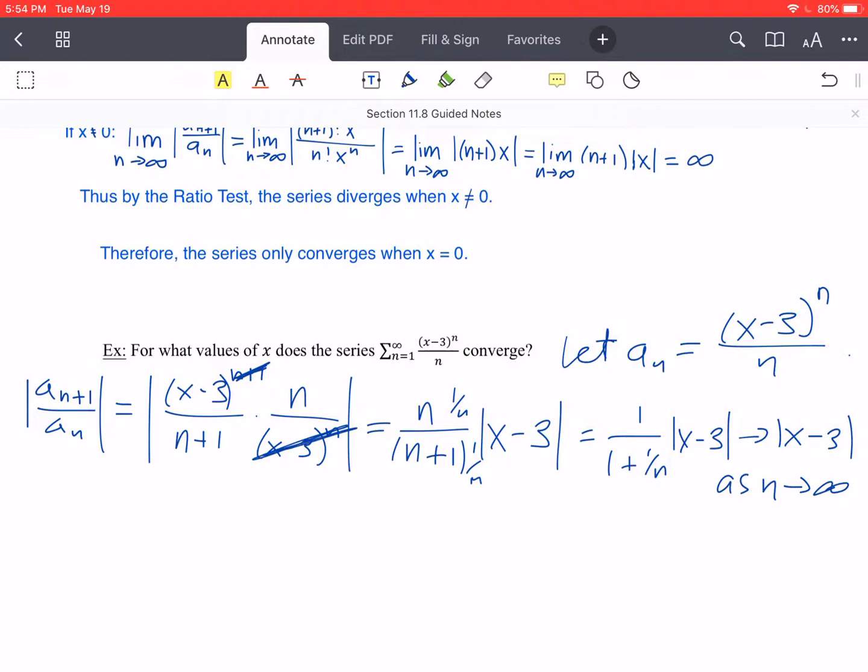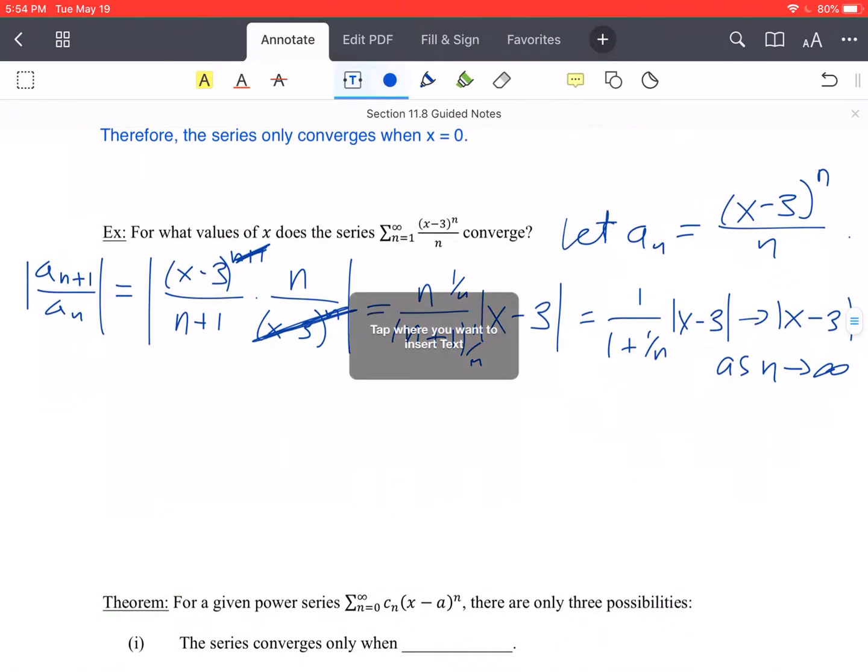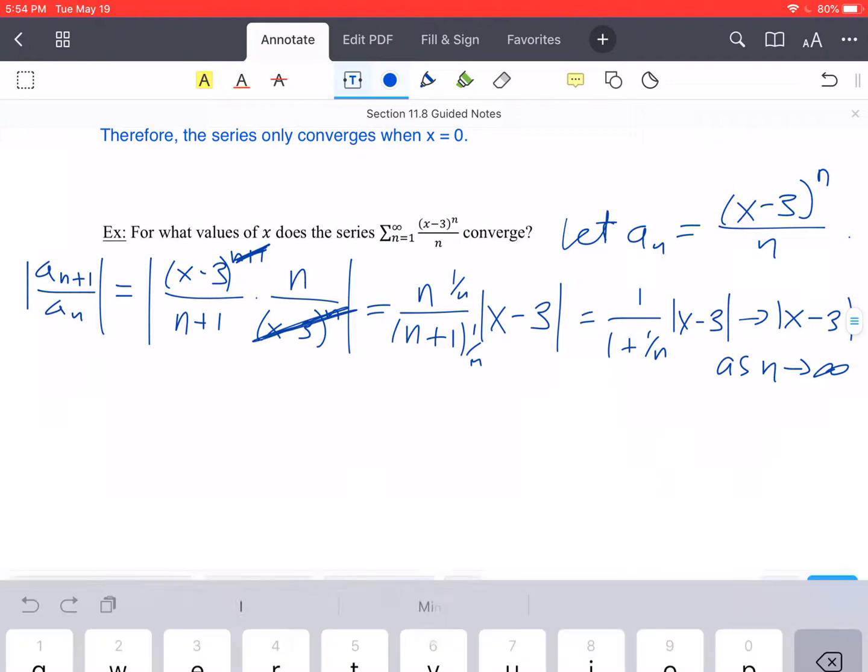Okay, so not as clear cut as the last time, right? Last time we had that it headed just off towards infinity, so that made that fairly easy to determine divergence. This time we're heading to a variable value, dependent upon x. So we need to look at this a little further.